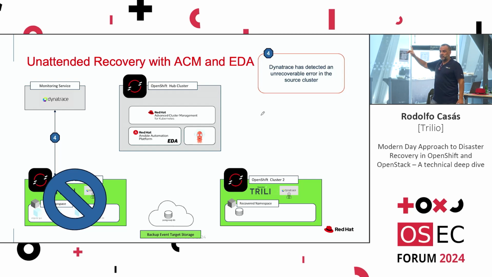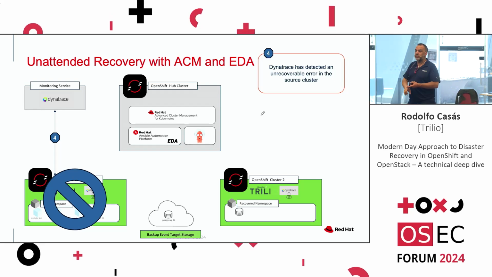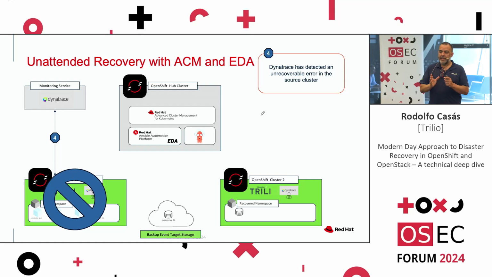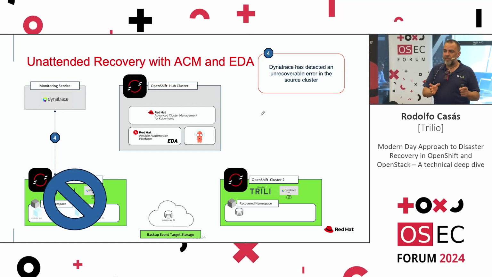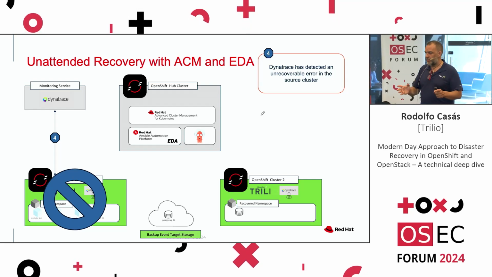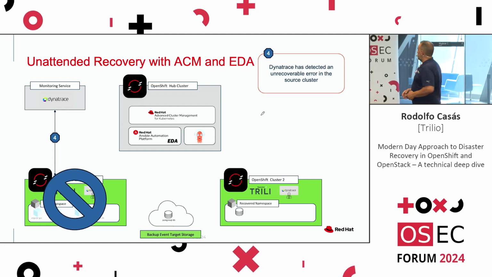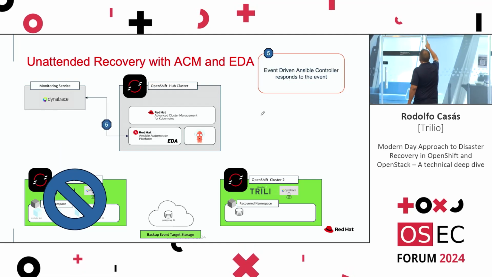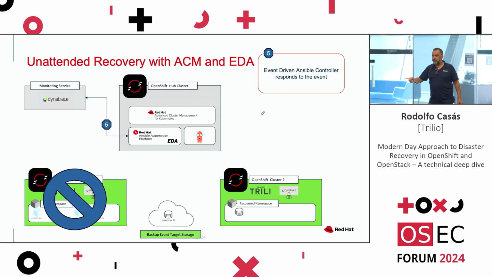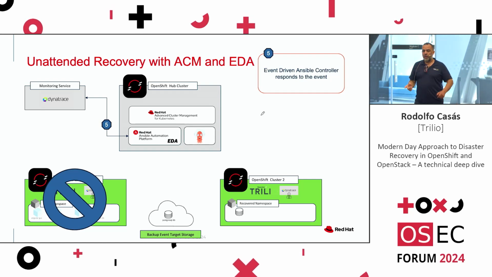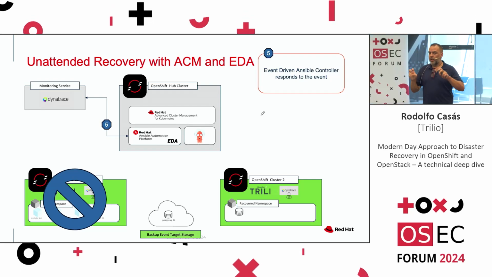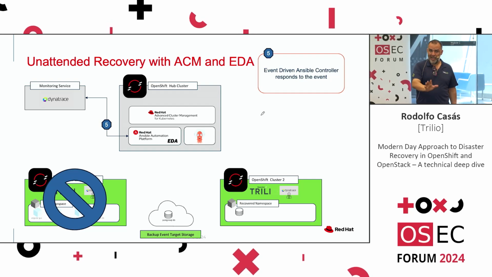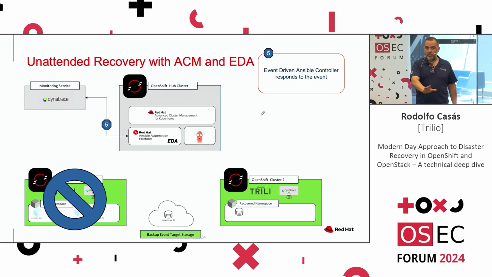And Dynatrace, or Prometheus, or Datadog, we presented this with Dynatrace at the Red Hat Summit, but it can be any source of events for event-driven Ansible. Okay? So Dynatrace will know, it will tell event-driven Ansible in the hub cluster, and if you know event-driven Ansible, you know it's like an intelligent tool. You can follow your rules. My rules are, first of all, check that it's actually down.